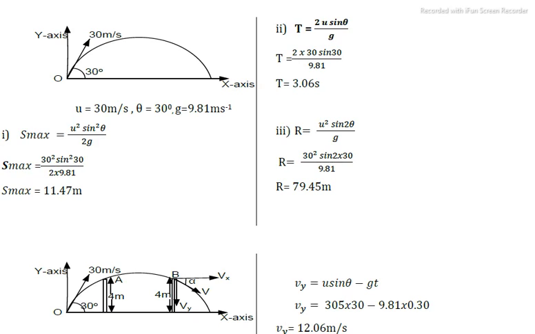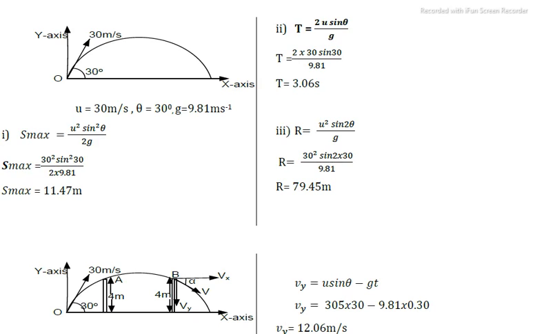So if v is 0, then 0 equals u sine theta plus gt. Therefore, that gives us t as u sine theta over g as the time taken to reach the maximum height. But the g should be negative because it is opposing gravity.